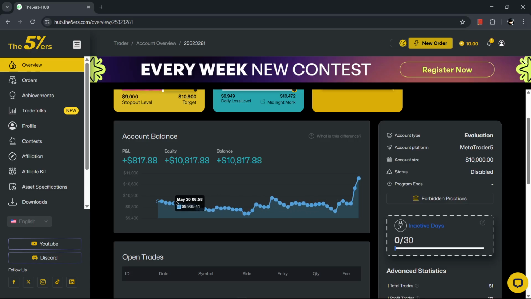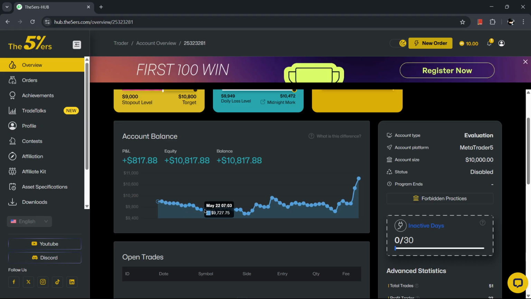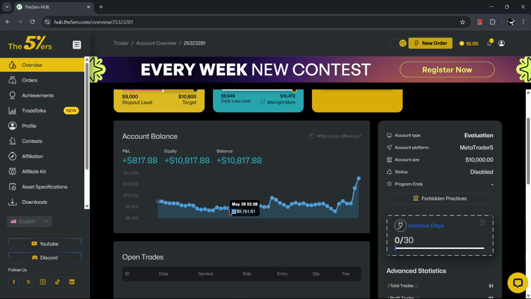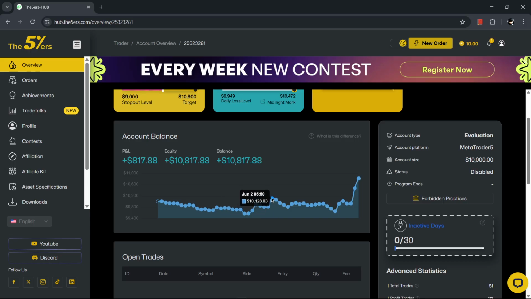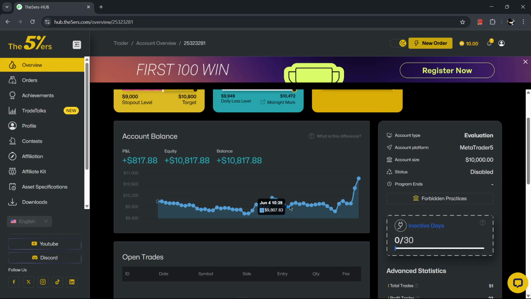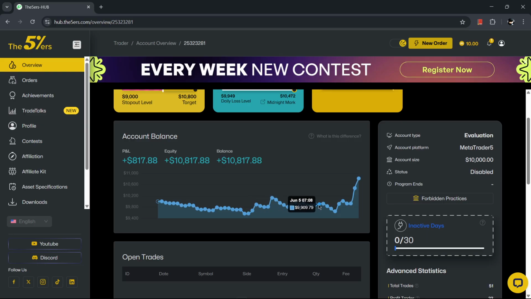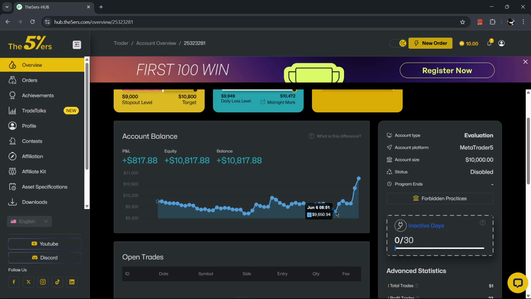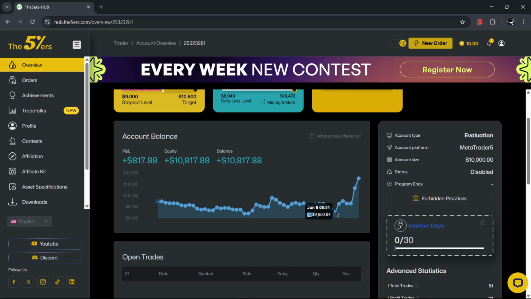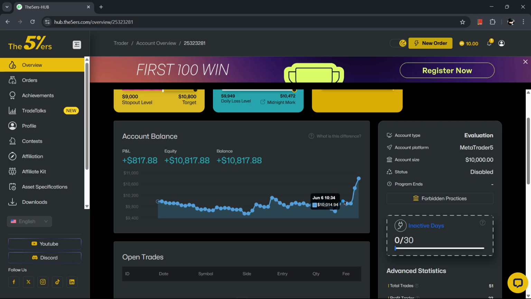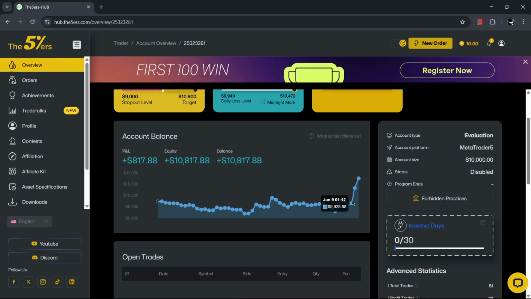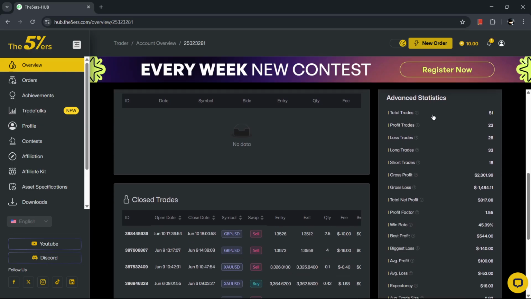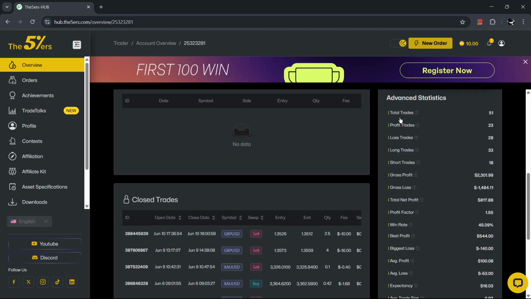I was down, then a little higher. They got many good trades. This was my biggest trade. I think you can say advanced analytics.